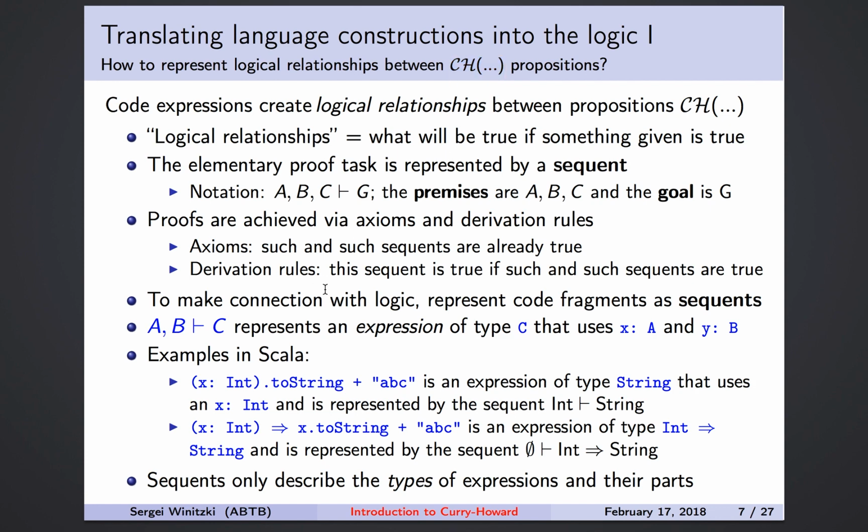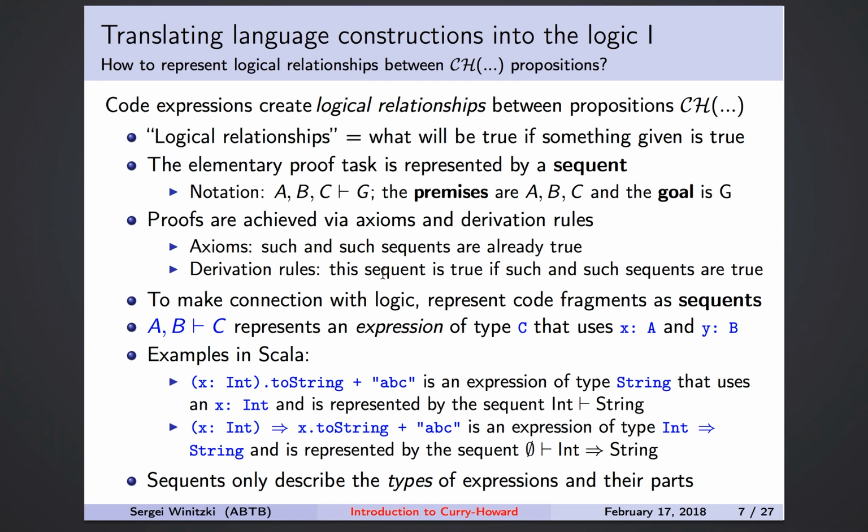To make connection with our code, we need to translate our code fragments into sequents somehow. What we will do is that we will look at every construction in the code and we will see what kind of sequent represents that construction. So we will represent expressions by sequents.